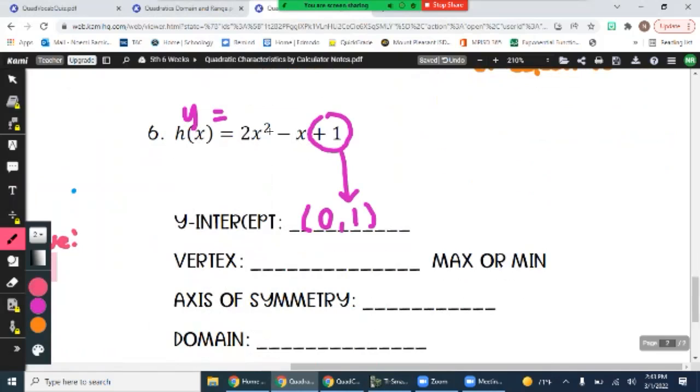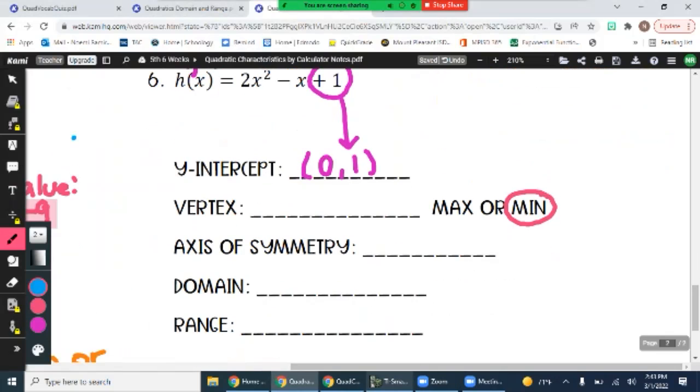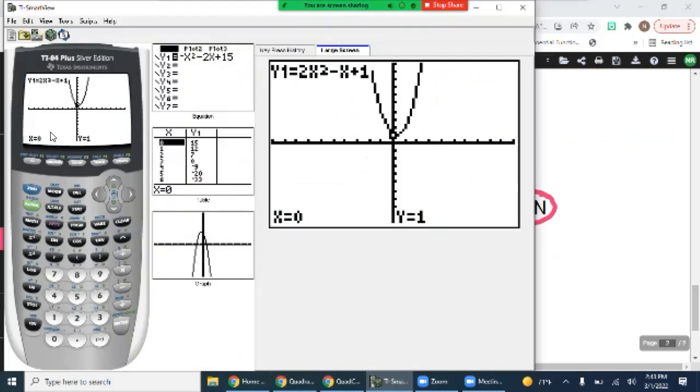Will it be a minimum or maximum? All right. Before I can press second trace to find the vertex, what do I need to do? Try to see how low it goes. What is less than 1? 0.8 or 0.9?